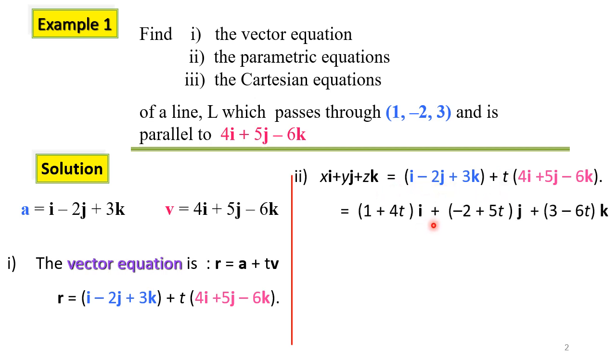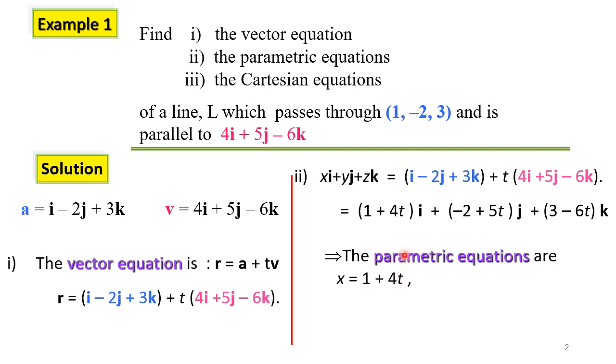Then we equate left and right hand side and form equations. Equating i, we get x, so automatically we get the parametric equation: x = 1 + 4t.